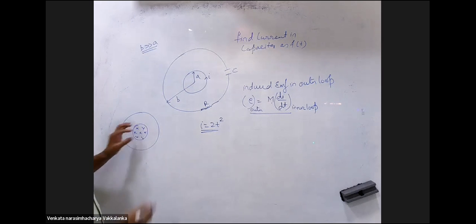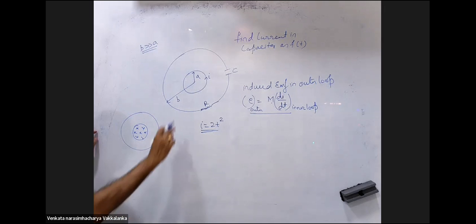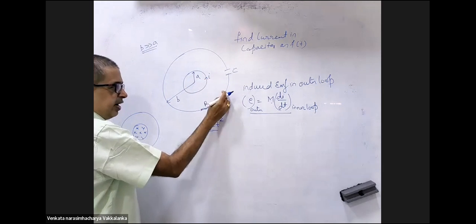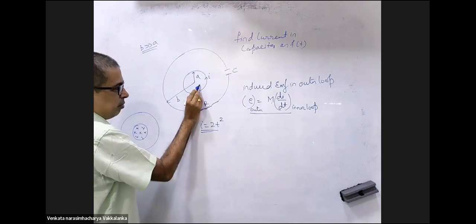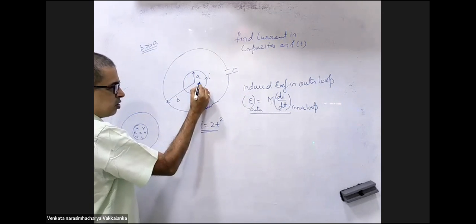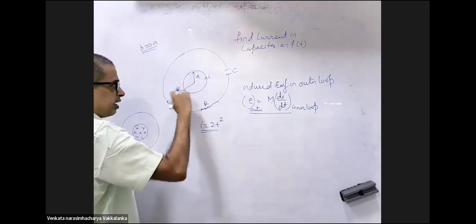This is a solenoid. Induced EMF in the outer loop is quite easy. But this is not. Because of this current, finding out the flux through the outer loop is very difficult, because magnetic lines of force start from here, go inside, start from here, go inside, start from here, go inside. I don't know the magnetic field here.